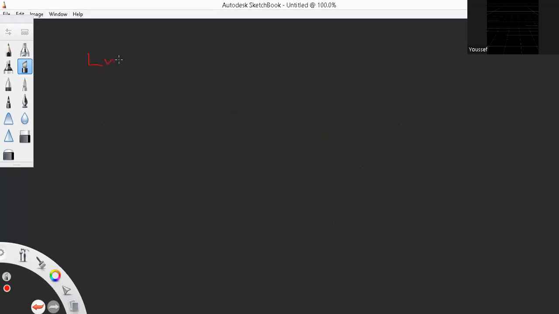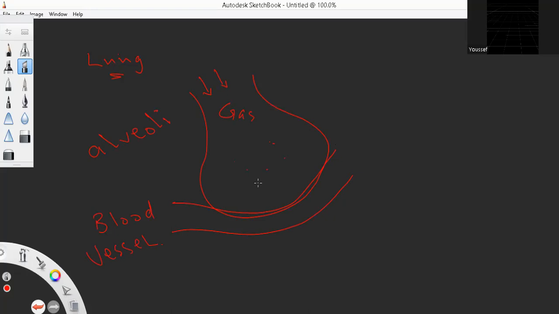In the lungs, there is alveoli. Here, there is a gas which we inspire by inhalation, and here there is a blood vessel. The gas which we inspire is oxygen.